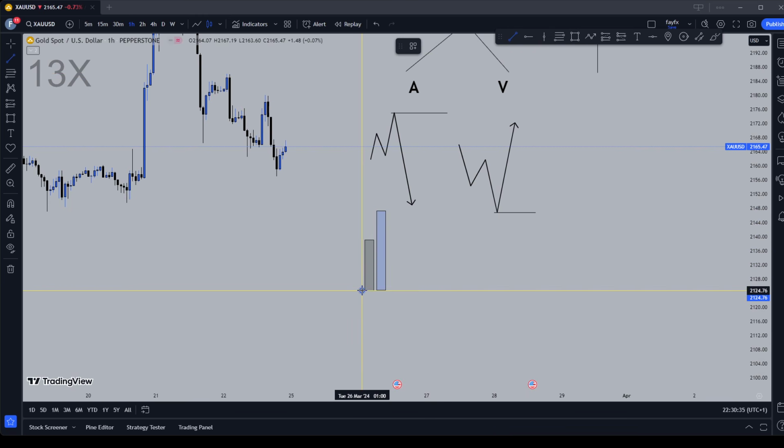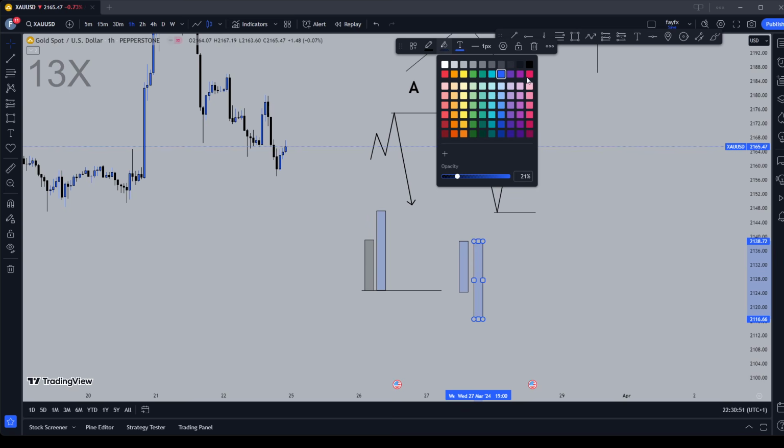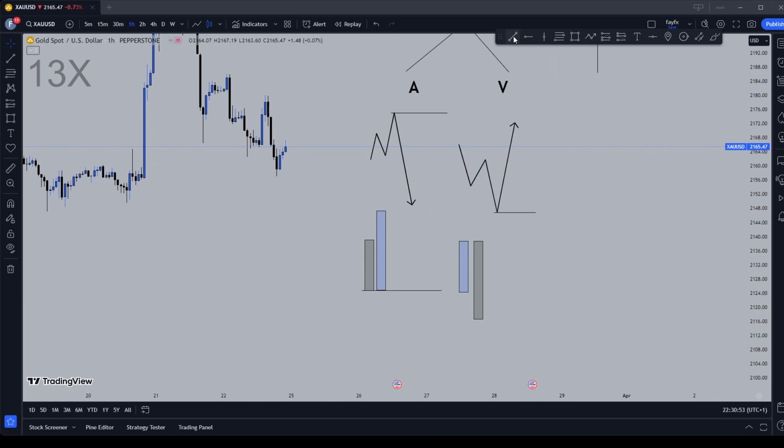This is a V level. For an A level, imagine we have a bullish candle followed by a bearish candle. This is our A level.